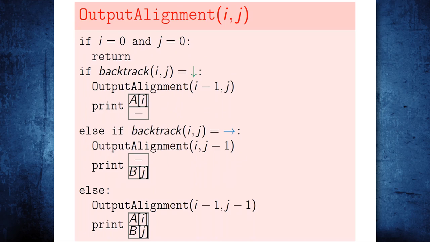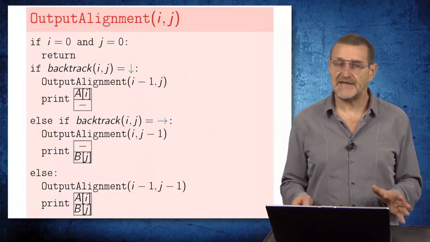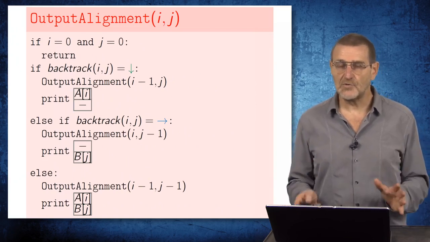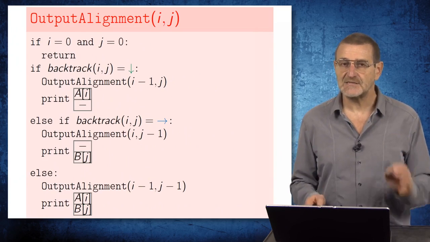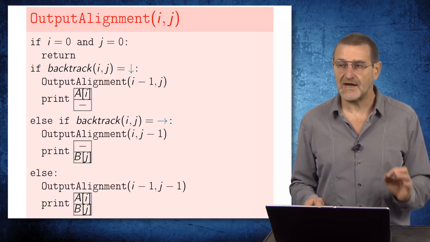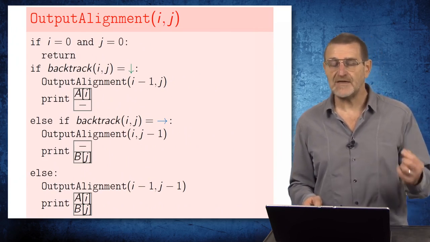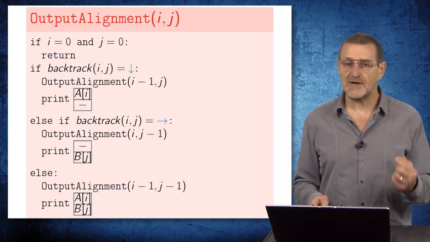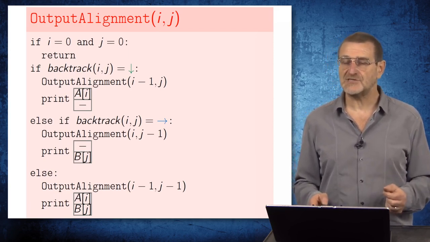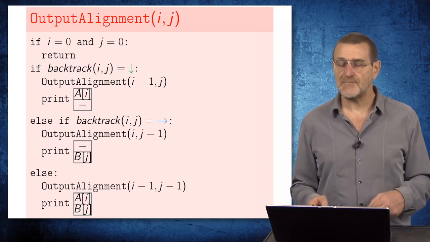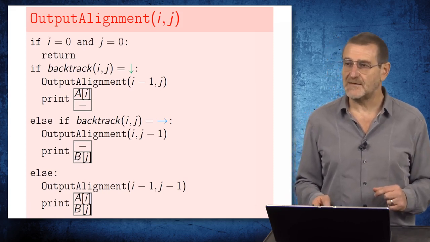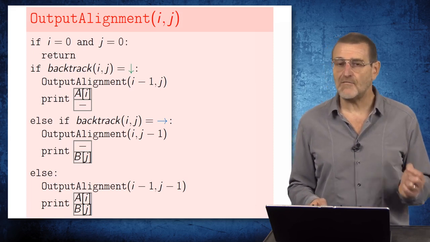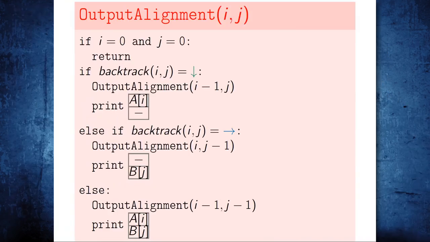The output alignment pseudocode implements this idea. We simply look at the backtracking pointer that enters the node (i, j). If we arrive at the node (i, j) by using a vertical edge, then we will simply output one column of the alignment with A of i in the first row.